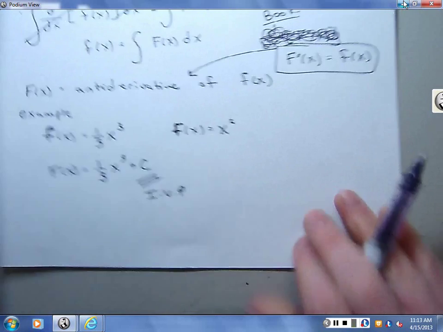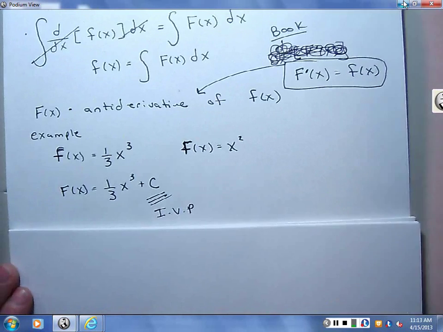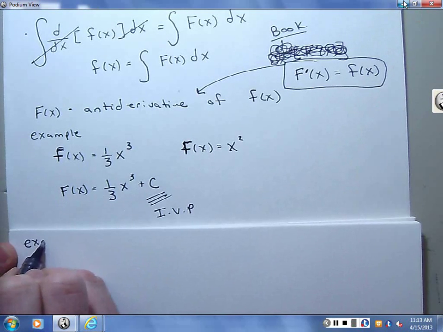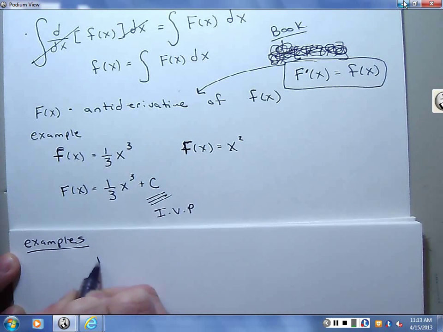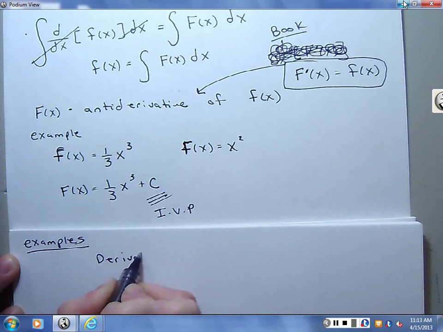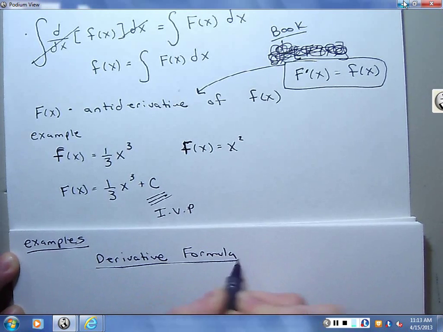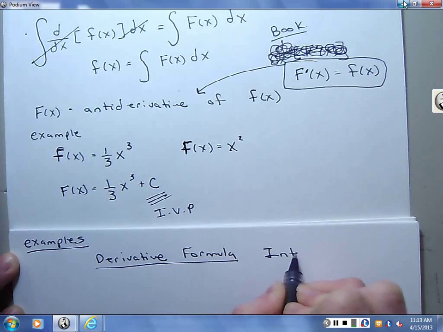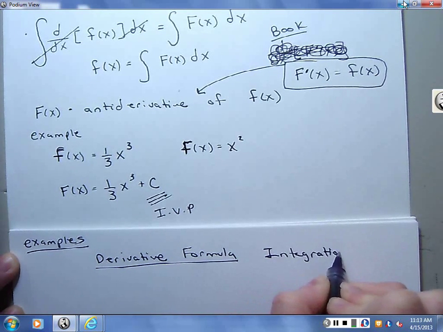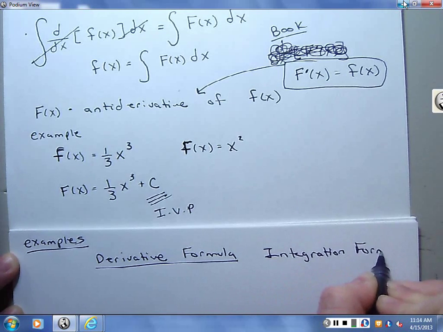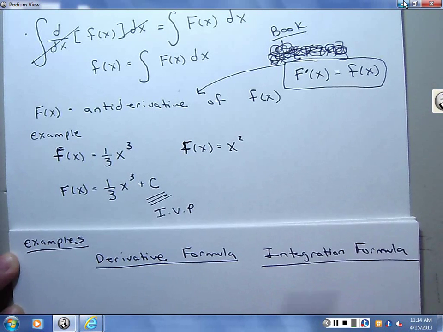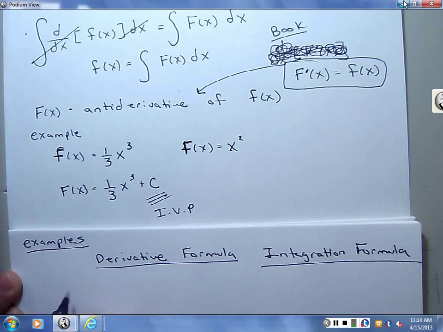So I'm going to write these in two ways. So let's look at the derivative formula, which is something that we're used to. And then let's look at the integral formula. So let's start off with just the derivative with respect to x of x cubed.